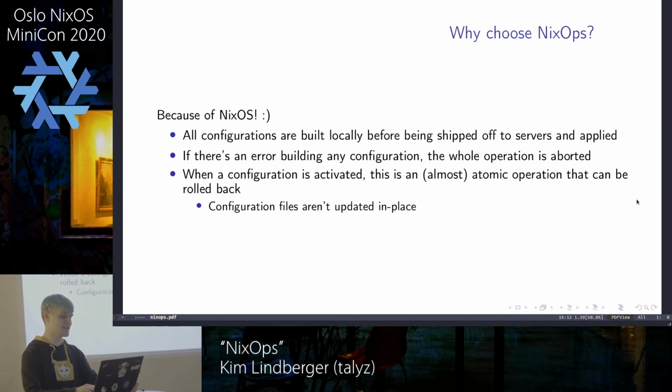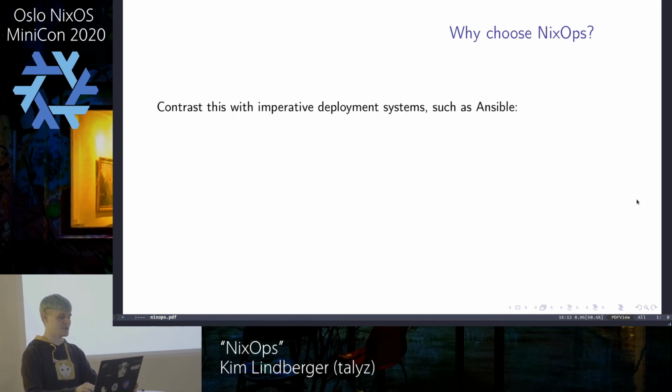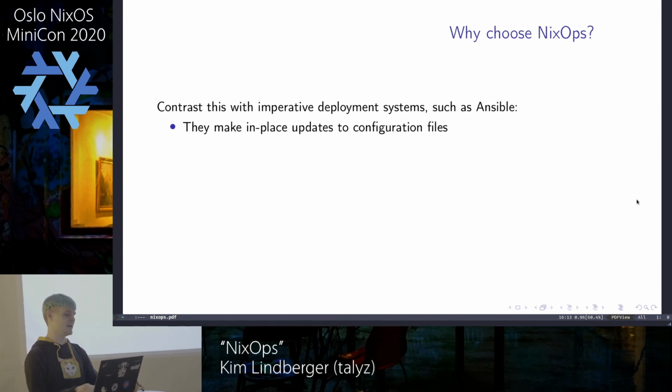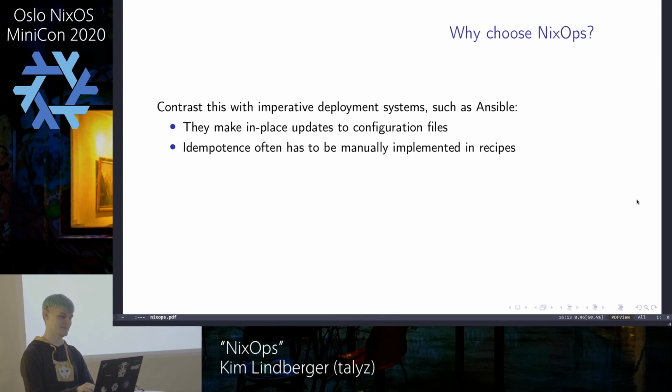And configuration files aren't updated in place. So in contrast to other imperative deployment systems, such as Ansible, which I tried using before, they often make in-place updates to configuration files. So you specify, go into this file and then make these changes. That might break.